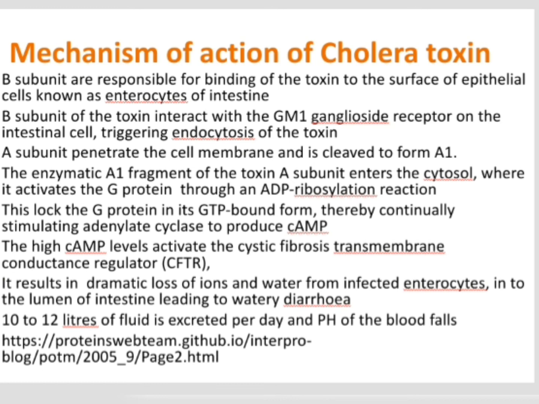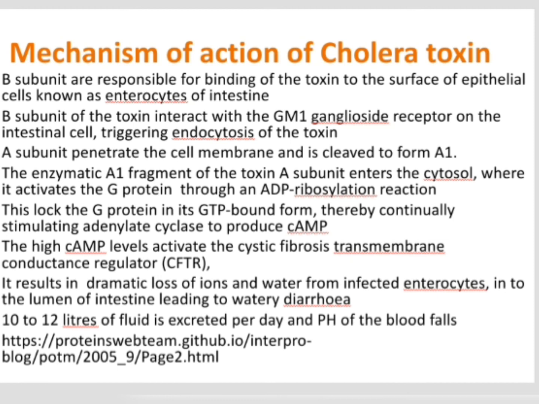This high level of cyclic AMP activates CFTR. So the transmembrane conductance regulator gets activated, and many ions and water from the intestinal cell get into the lumen of the intestine. Water and electrolytes accumulate in the intestinal lumen from these intestinal cells. So it will lead to watery diarrhea.